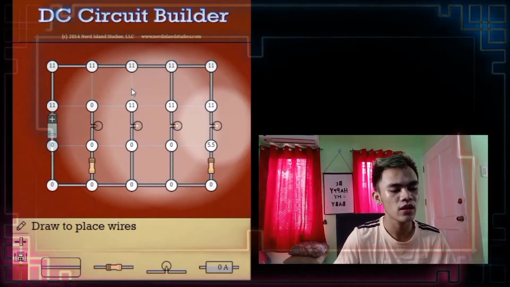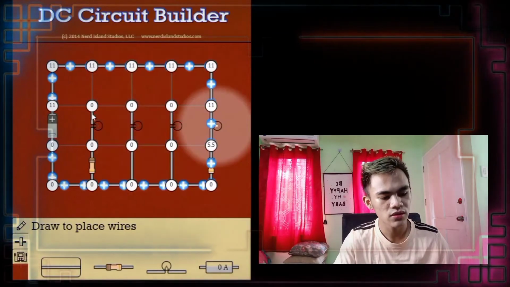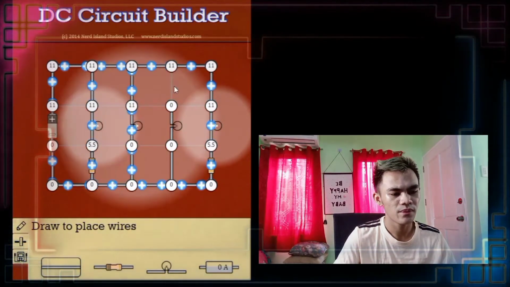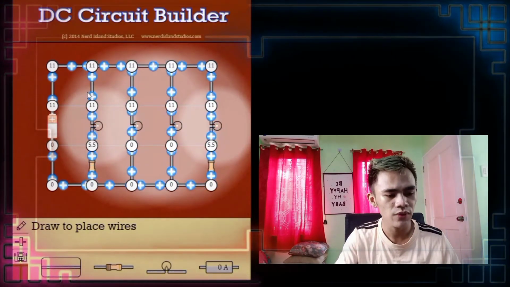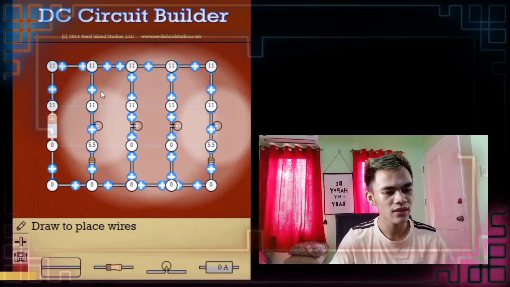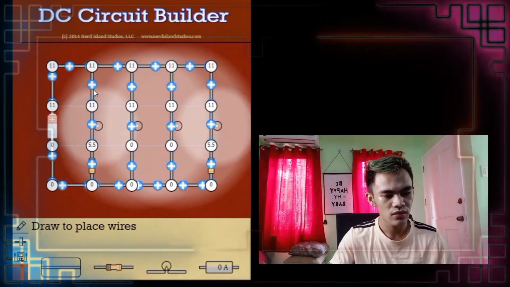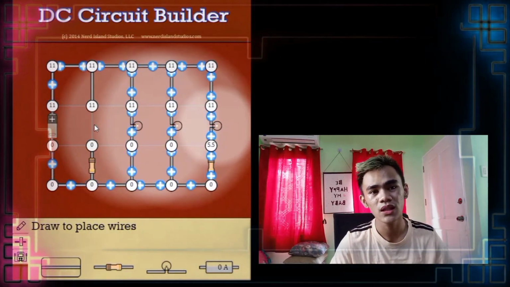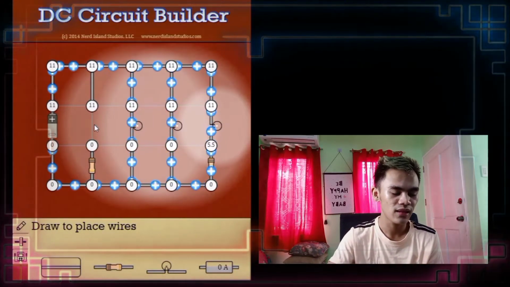As we know already, in a parallel circuit, if one bulb will not light, the others are still lighting.